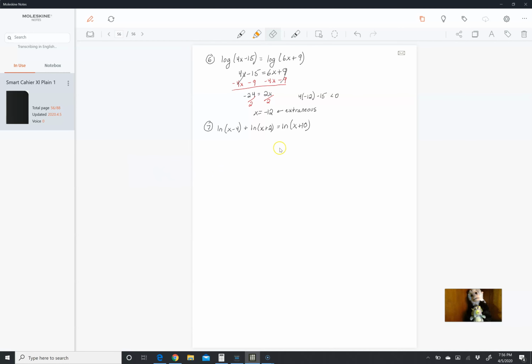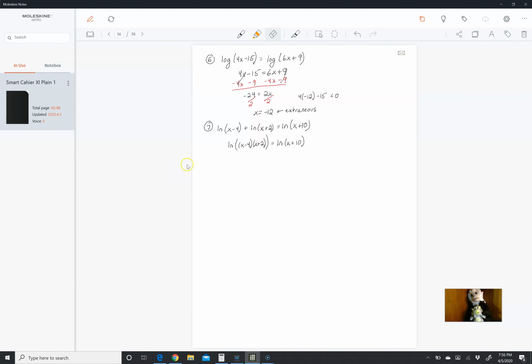Okay, so this is a case where we have 2 logs on one side. Remember, ln is a log. And one on the other. So we have to condense. This requires condensing. We have an addition sign, so to condense, we multiply. So we have the ln of x minus 4 times x plus 2 is equal to the ln of x plus 10.